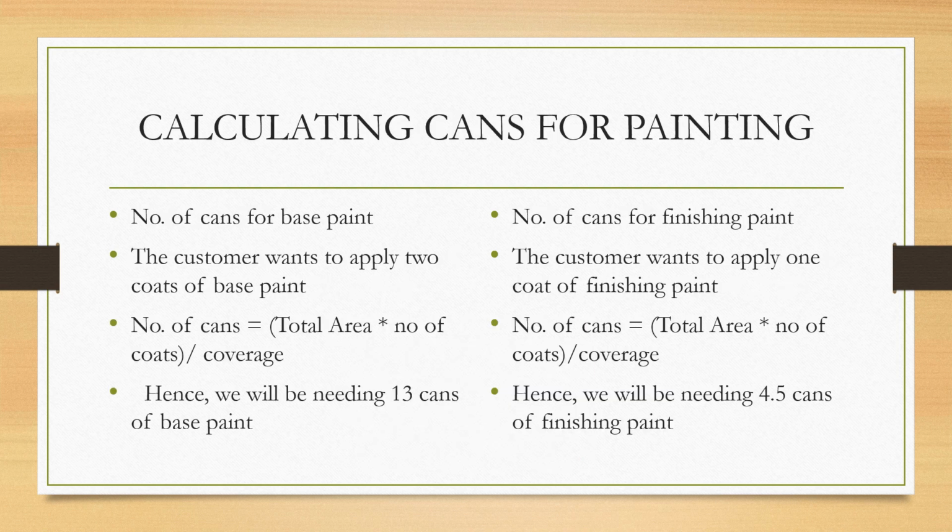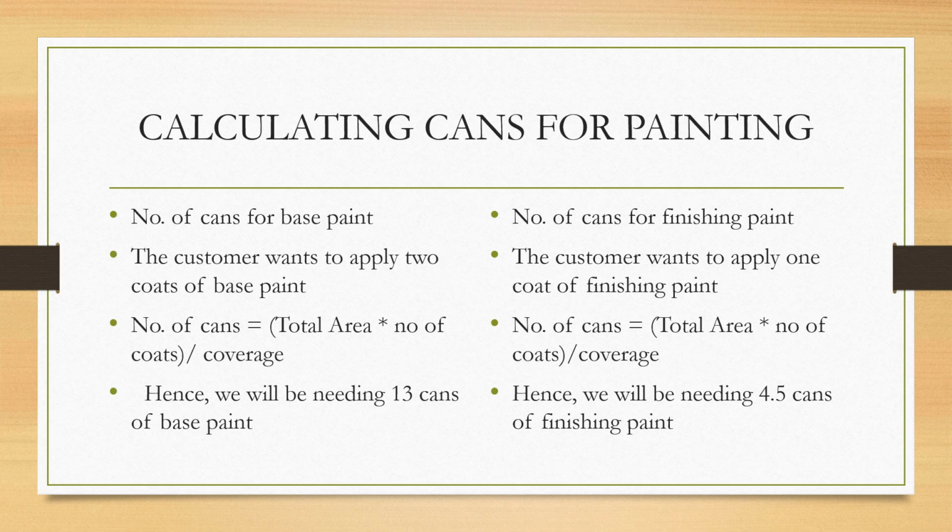And for calculating the cans for painting, we have to see what the area is, and we have to apply this formula by which we'll be able to get the number of cans. So for example, the total area was 72 meters squared. We have to multiply it by the number of coats and divide it by the coverage.